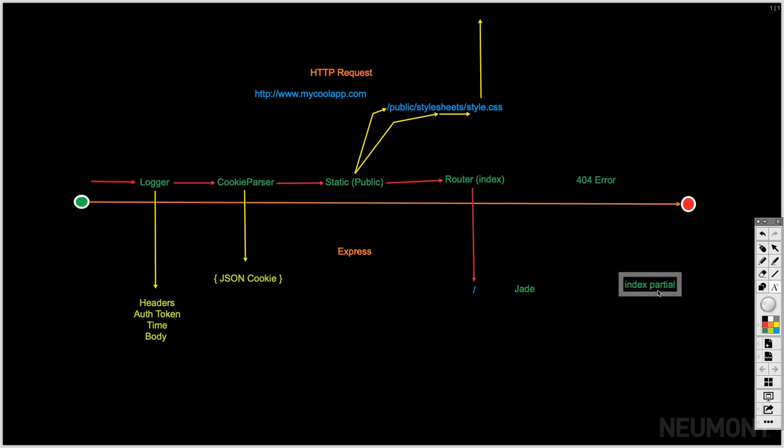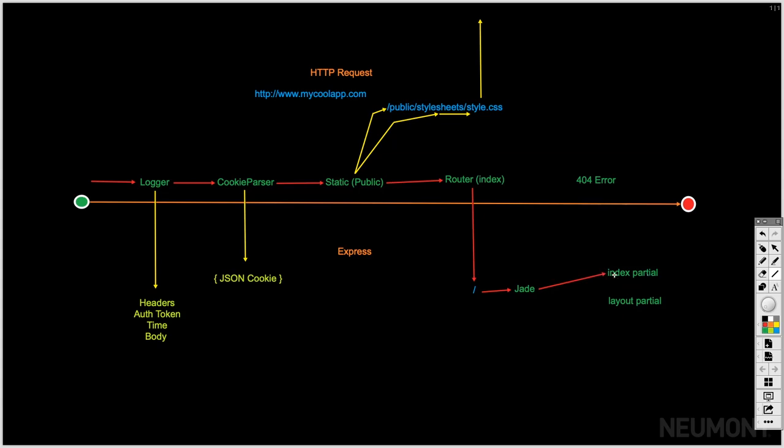That's that index Jade file. So it's going to pull that partial, then it's going to pull the layout, which is also a partial, and of course it represents portions of our HTML, right? From this, the router is going to pass it to Jade. Jade's going to go pull that index partial.